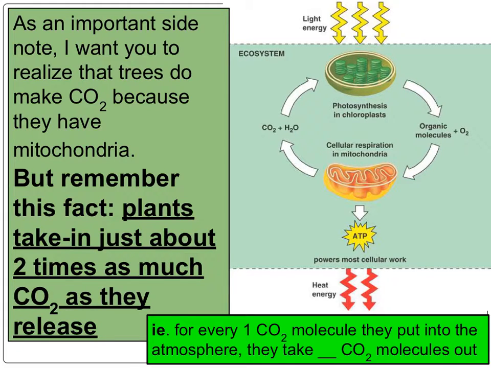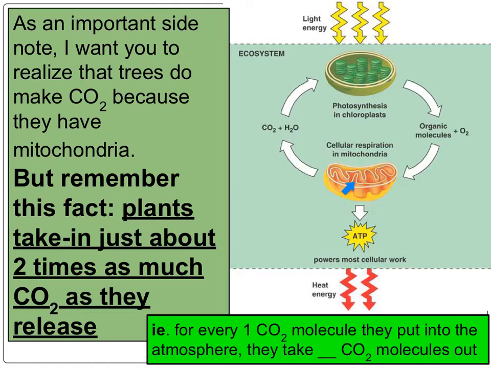Now, as an important side note, just so you're not misled, or at least that you're not confused, trees do make a little bit of CO2. They have to. Since they have mitochondria to make the ATP necessary for their body, they will take a sugar through photosynthesis.